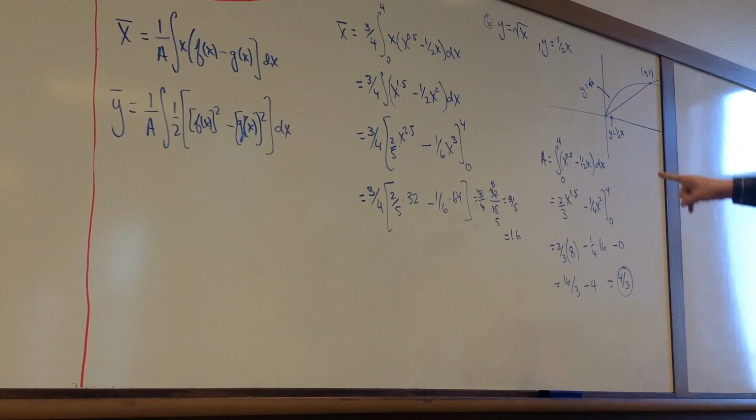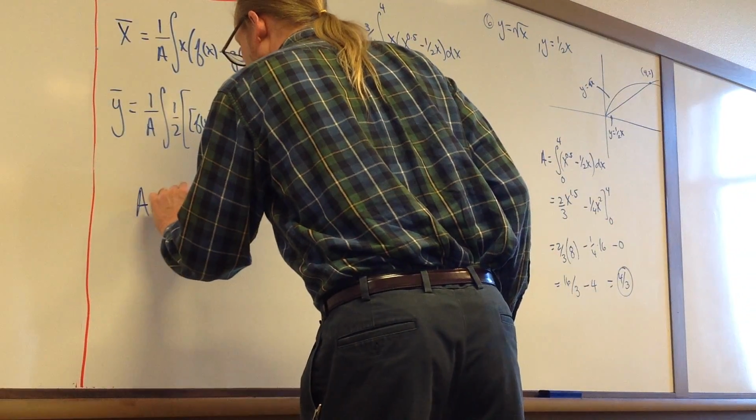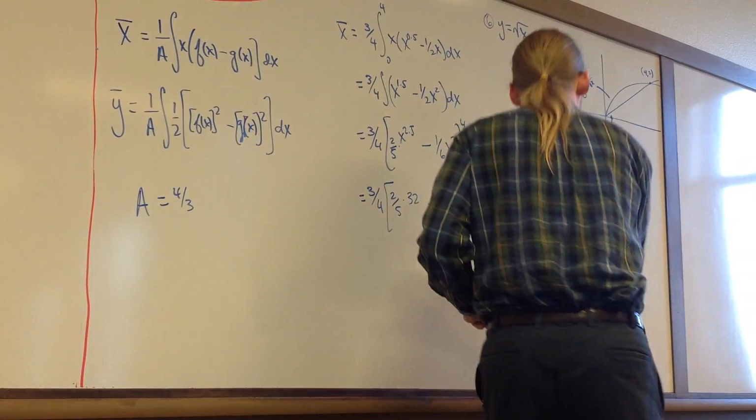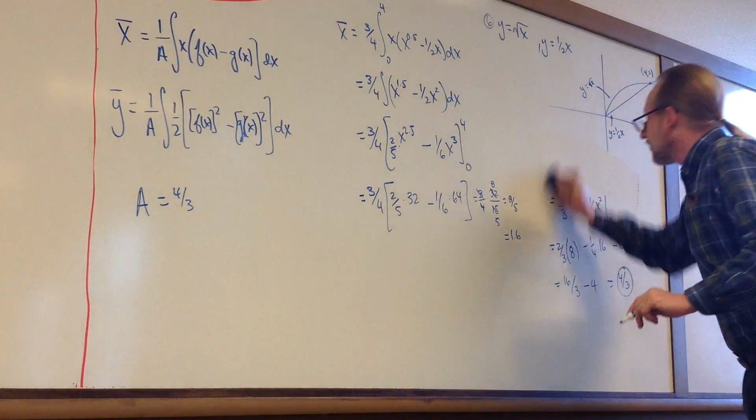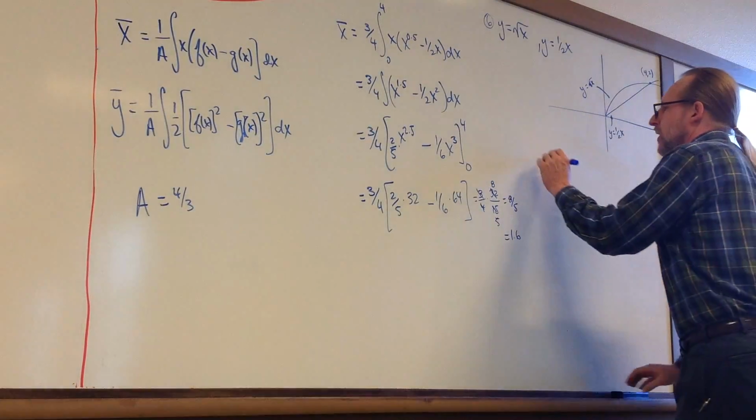Let's see, I think I'm going to erase the area. I'll write it down first. Our area in this problem was 4/3. So now let's erase that. And now we want to find y bar.